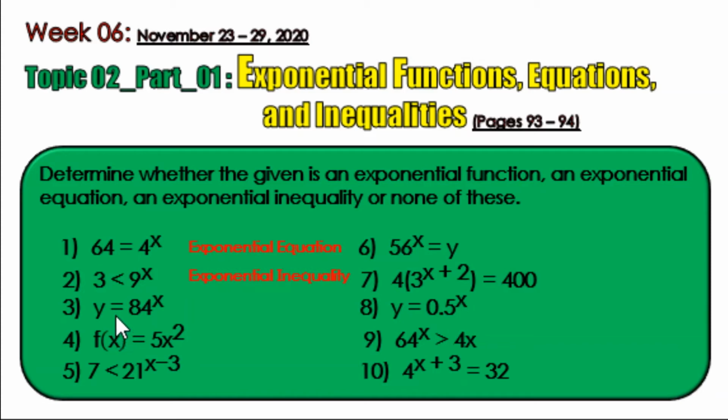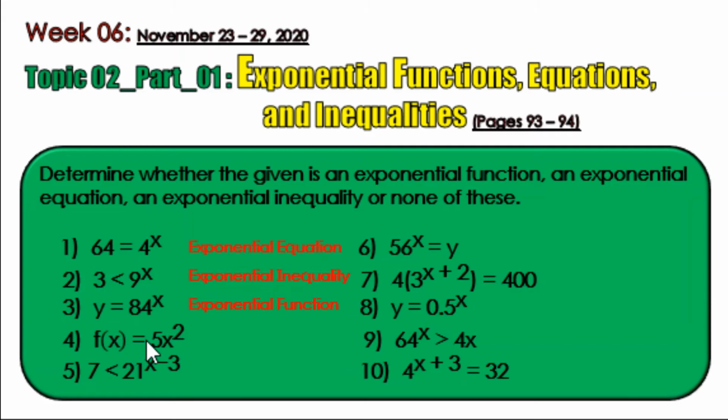Number 3, we have an equal sign. We have an exponential expression, but we have a relation between variables y and x. So it involves two variables. So therefore, this is an exponential function. Number 4, f of x is equal to 5x squared. So we have an equal sign. We have a function notation. But this part, we have 5x squared.